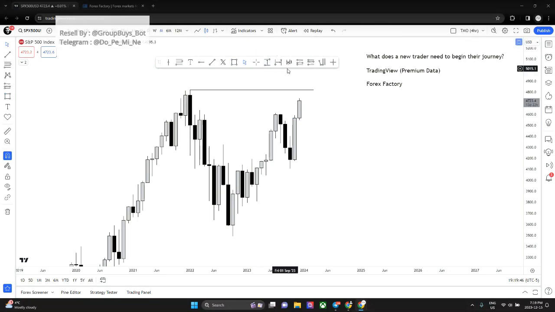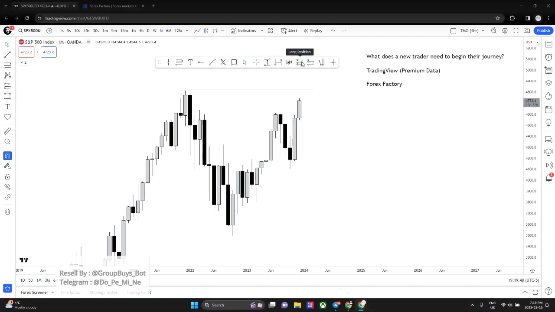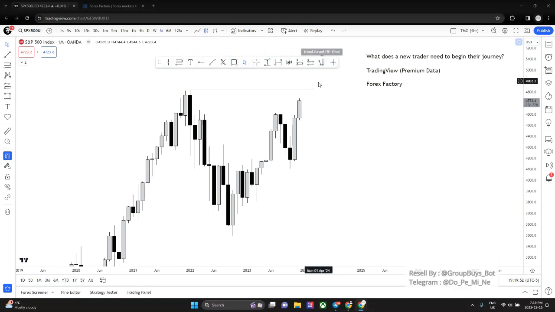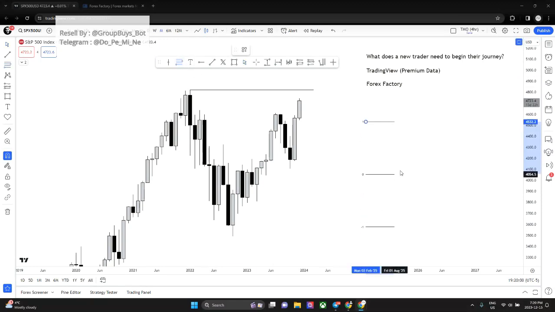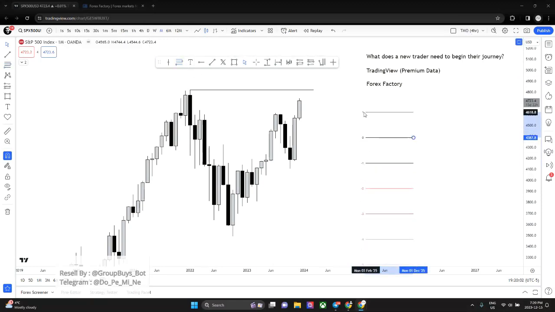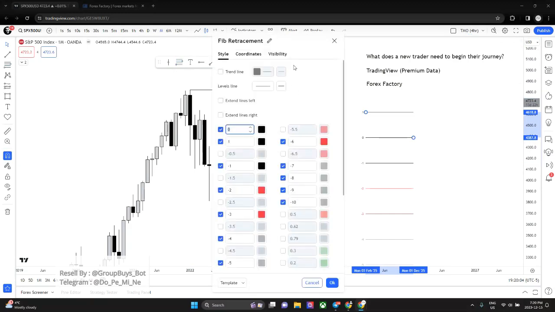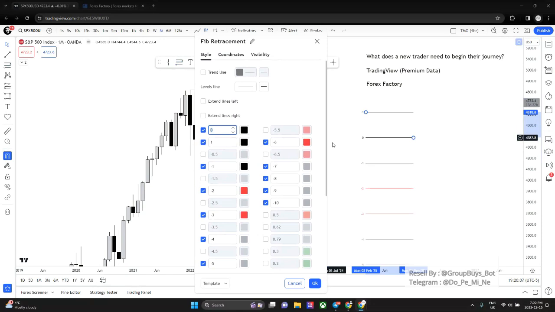It will be recorded, so you can just pause it and look at everything that I have here. You can favorite all of these if you're new, and if you want my settings for my fibs, I'll put it on the screen so you can see.